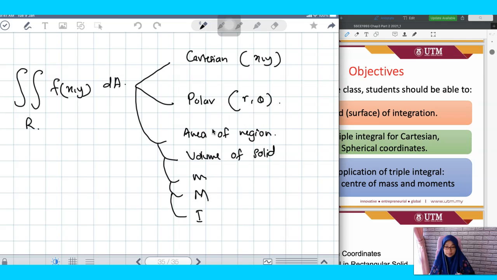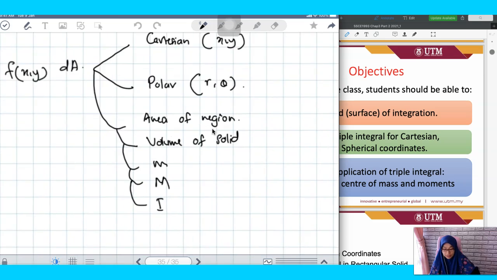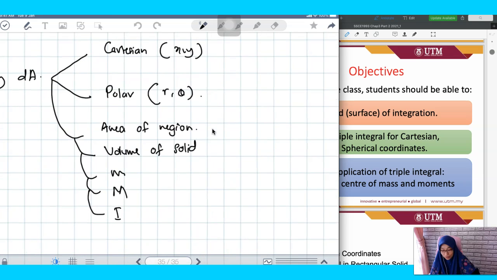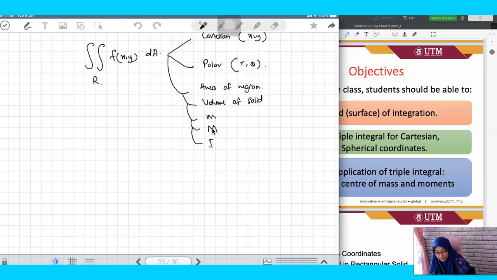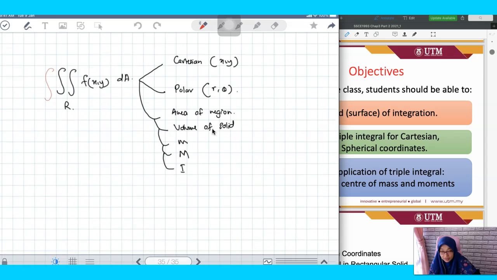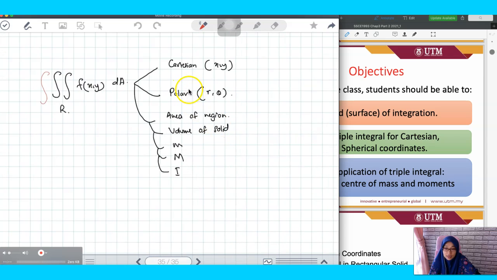Now we want to continue our understanding of the double integral by adding another integral sign, so we call that the triple integral. For the triple integral, you still have the Cartesian, and something like polar, but we call that a cylindrical coordinate.